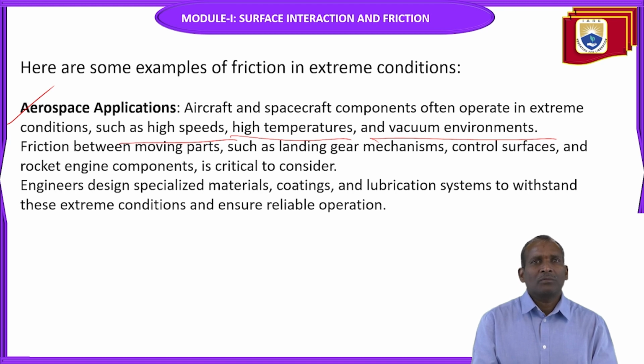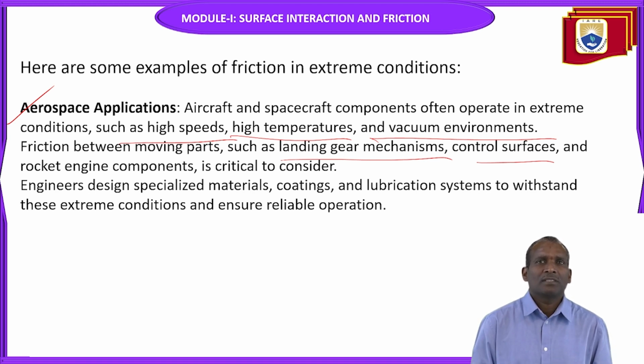So friction between moving parts such as landing gear mechanisms and control surfaces and rocket engine components is critical to consider. So engineers design specialized materials, coatings, and lubrication systems to withstand these extreme conditions and ensure reliable operations.